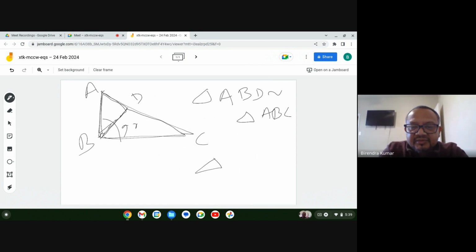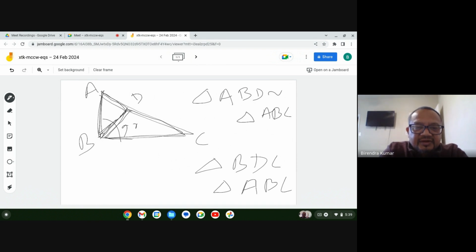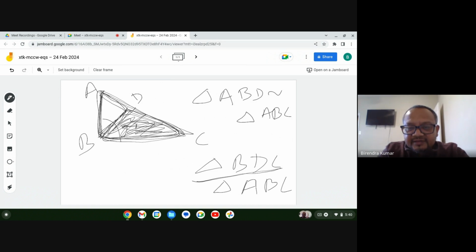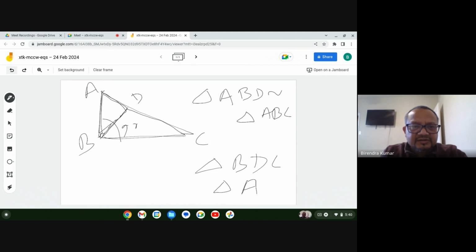BDC, triangle BDC. If you look at this triangle against triangle ABC, the parent triangle, there are two child triangles that are made, and this is my parent triangle ABC. If I look at the second child triangle, BDC, meaning this colored portion, against the parent triangle ABC, do you find that this triangle is also similar to the parent triangle, like the other one?